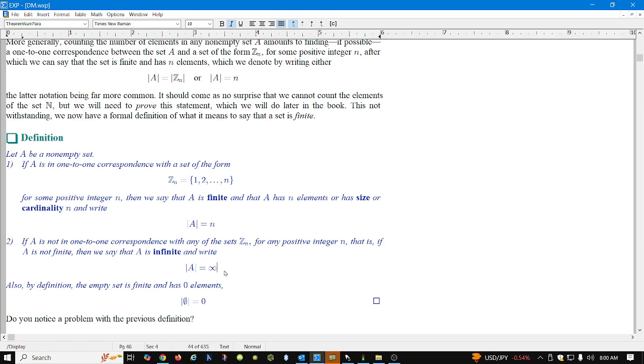Turns out, as Cantor first discovered, that infinite sets can have many different sizes, and we'll be able to put something here, some exotic symbols that actually measure, in a sense, the number of elements in an infinite set.